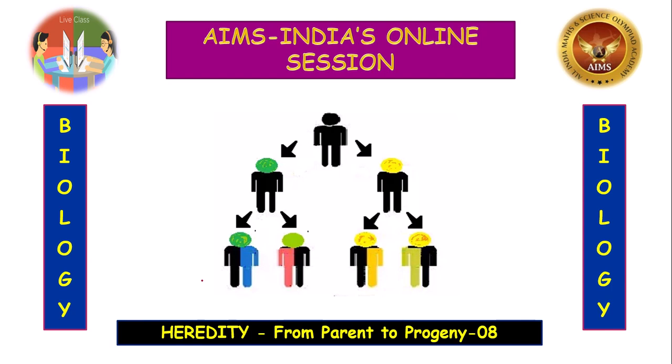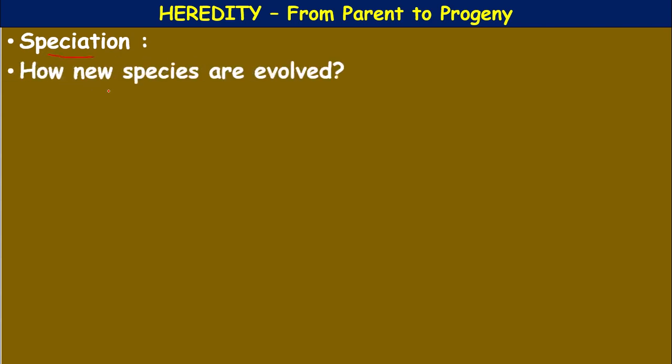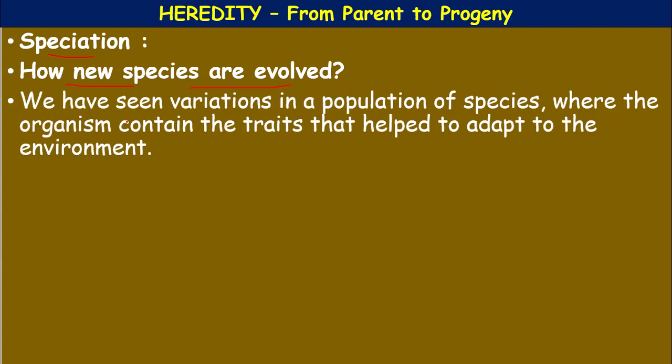Today a new concept called speciation. Let us study speciation. What is speciation? Speciation is how new species are evolved. We have seen the variations in a population of a species where the organisms contain the traits that help them adapt to the environment.